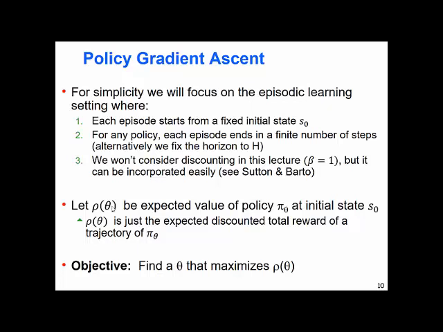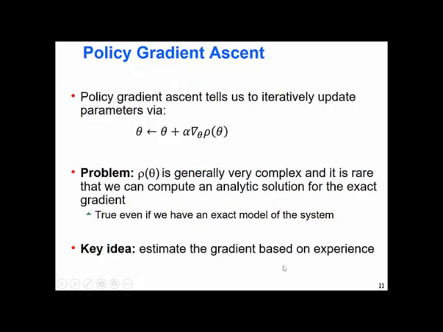And we want to find the parameters that maximize rho theta. So all we do is compute the gradient of rho theta, and we move the parameters in that direction.